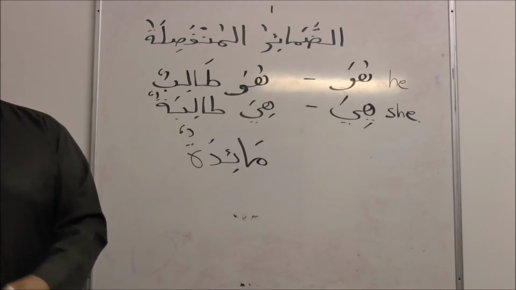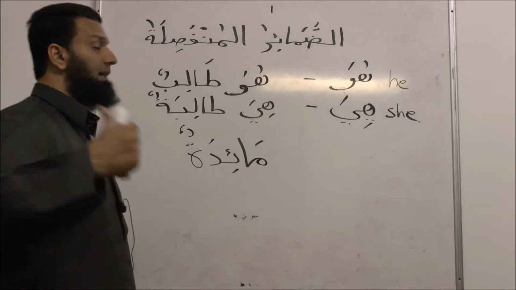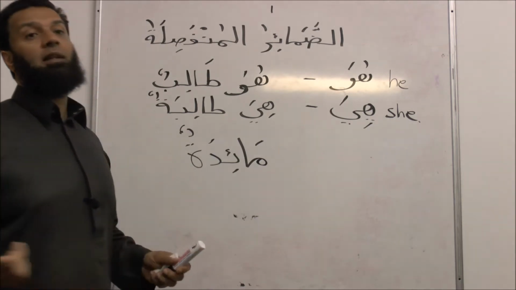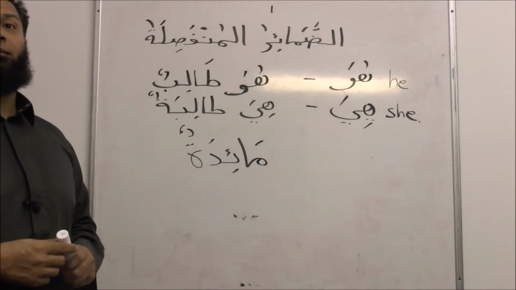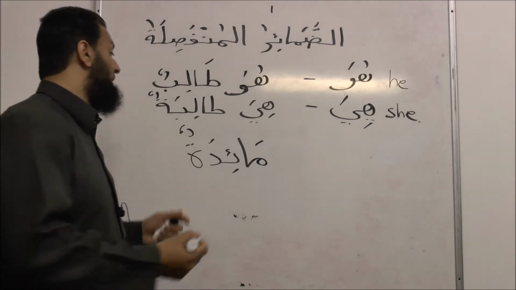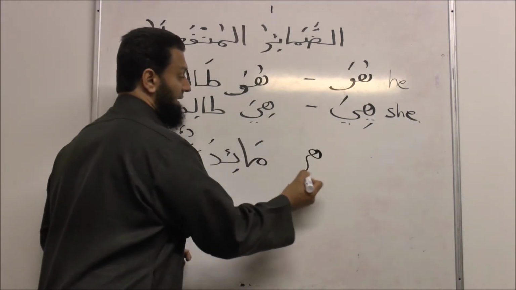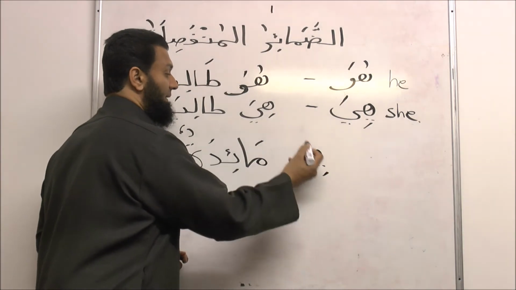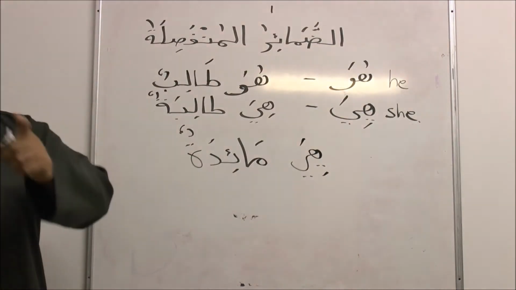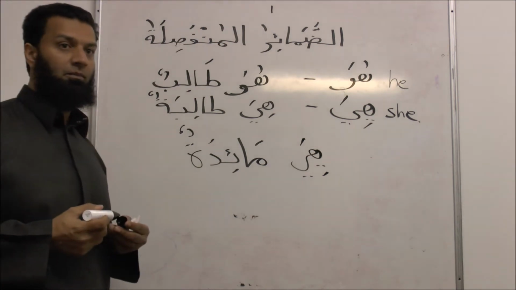So if we wanted to say, it is a table laden with food, how are we going to say that? Very good, Abdullah. Hiya ma'idatun. It is a table laden with food.